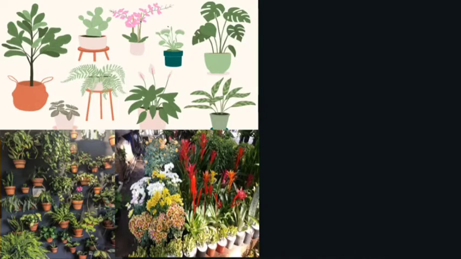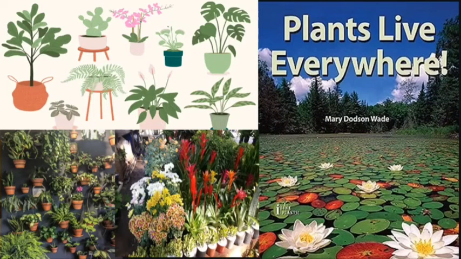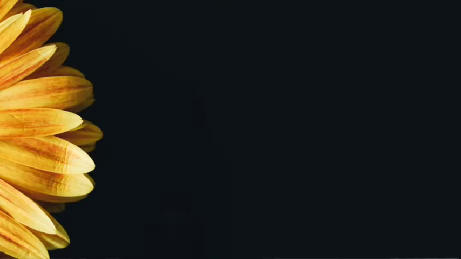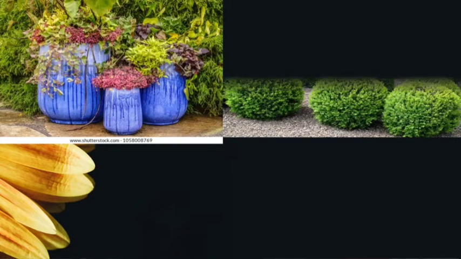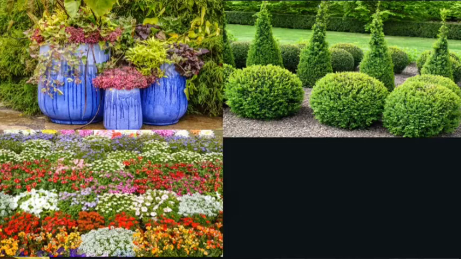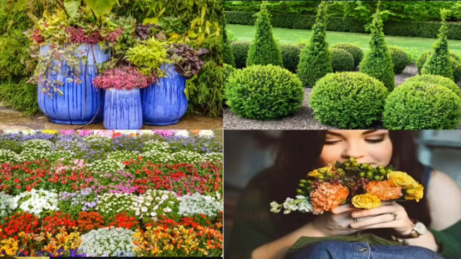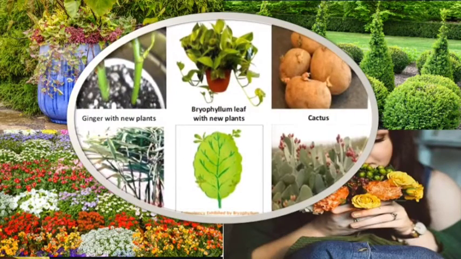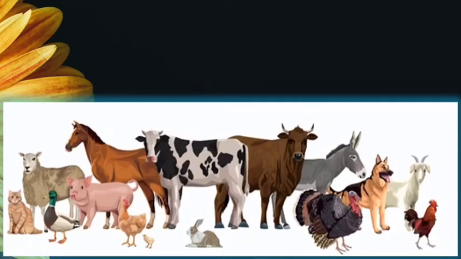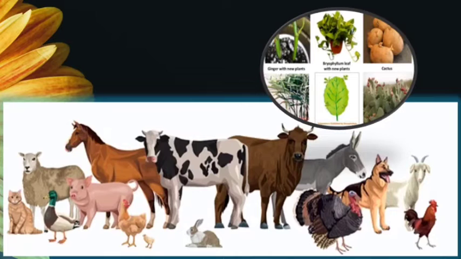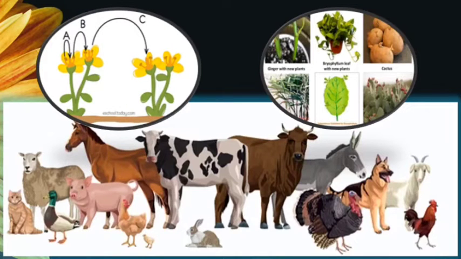I know class that you can see plants everywhere, and plants live everywhere. As you can observe class, plants differ in size, shape, color, smell, and even their mode of reproduction. Like animals, plants need to continuously reproduce themselves to sustain their species.